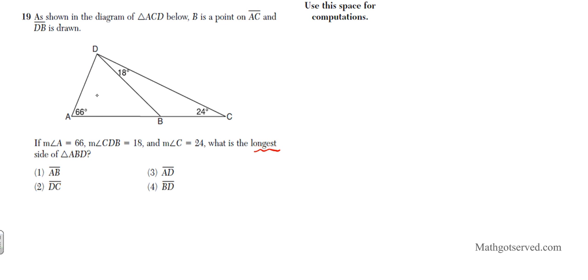So if we can determine the value of all three angles and compare them, whichever one is the biggest, the side opposite that angle will be the longest. If angle D is the biggest angle, the opposite side AB will be the longest, and if angle B is the biggest angle, then side AD will be the longest side, okay?